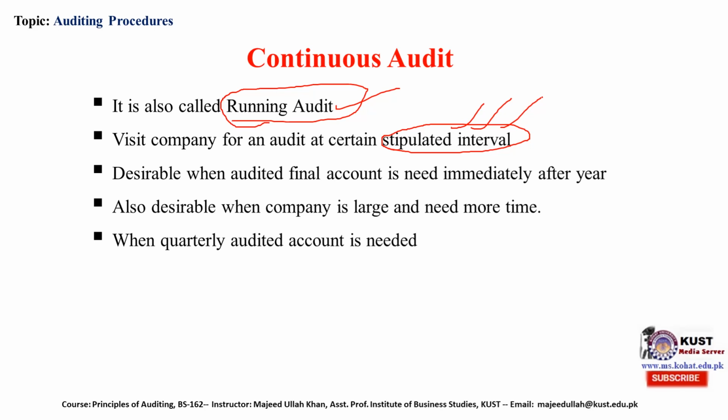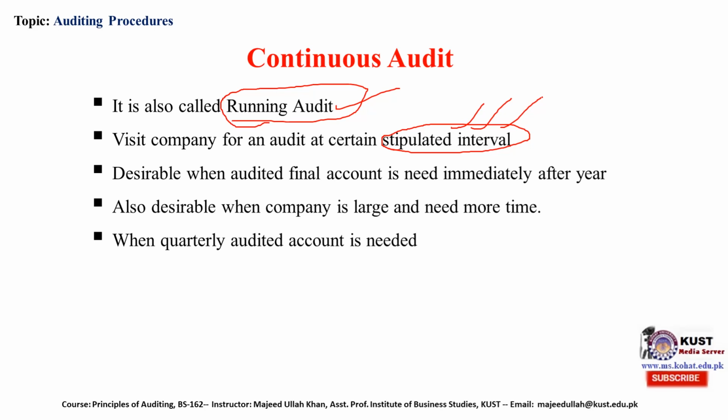This type of audit is practical when the final accounts are desired to be ready immediately after the close of the financial year, as in the case of banking companies.